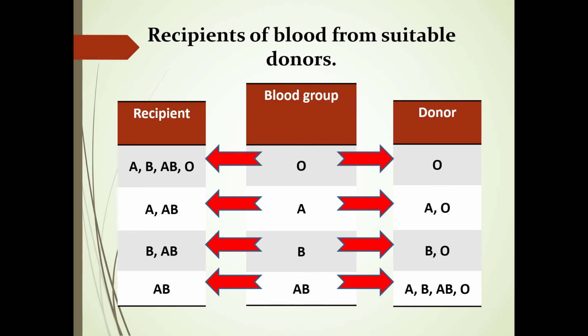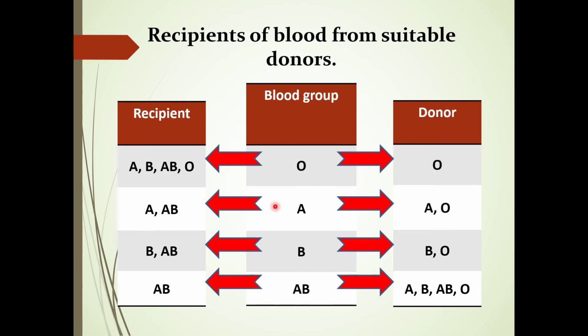So this is the table that can be simplified. Who can donate to who? Blood group O can donate blood to A, B, AB and O, but they can only accept O blood.